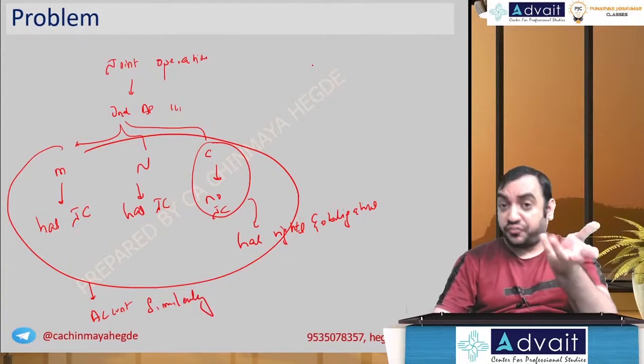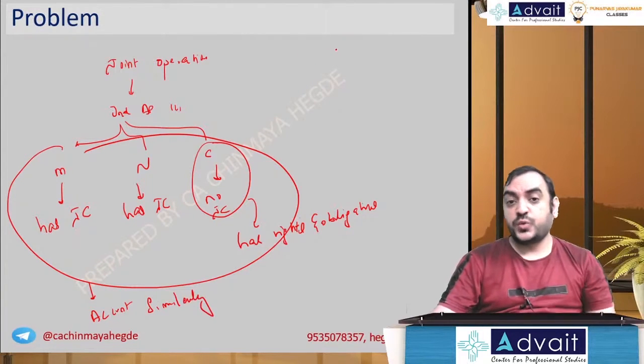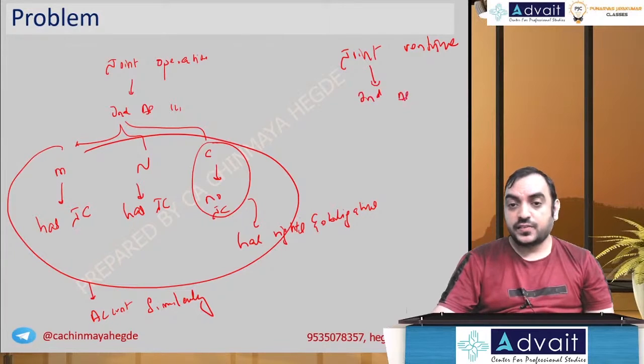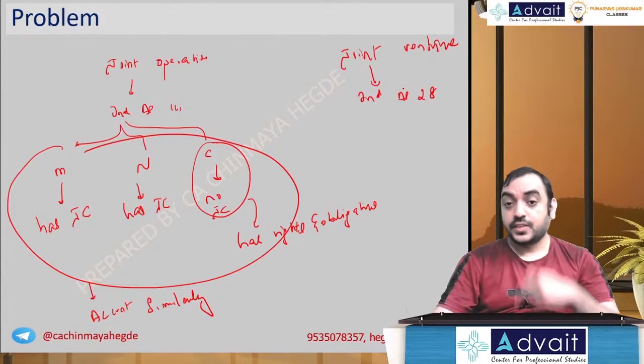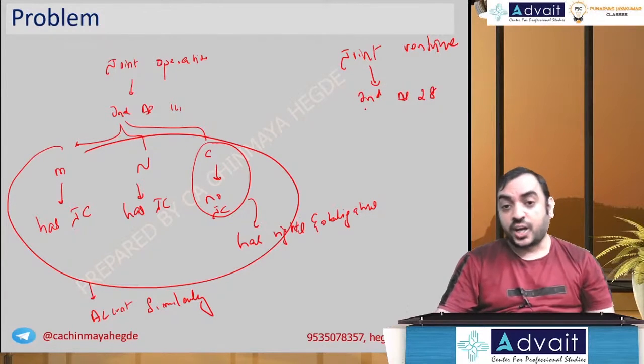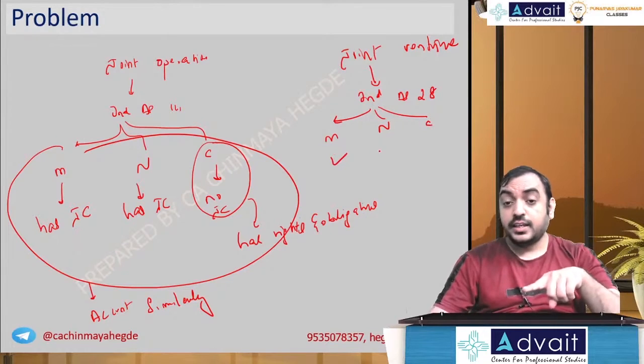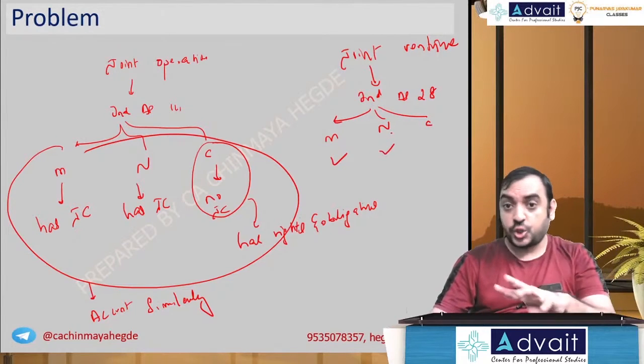But in a different situation, if this was a joint venture, a separate entity that is a joint venture, then you apply Ind AS 28. That is the equity method of accounting. M Limited will apply, N Limited will apply, they have joint control.